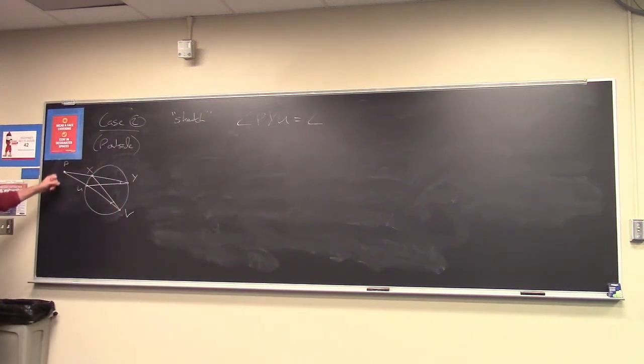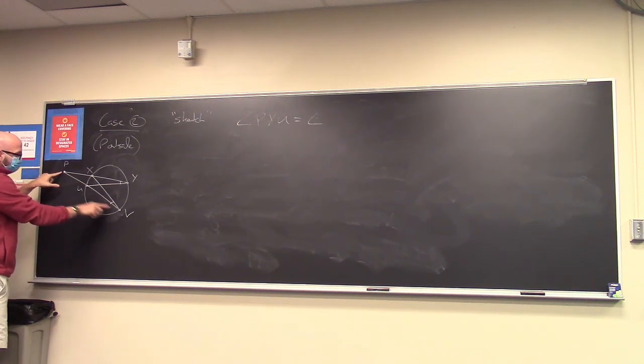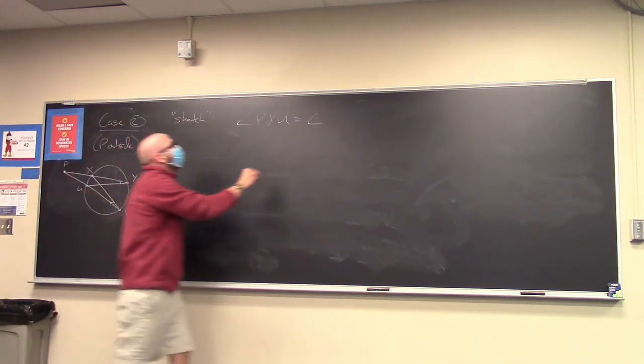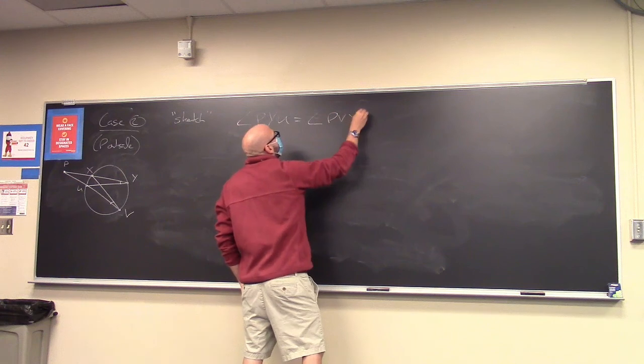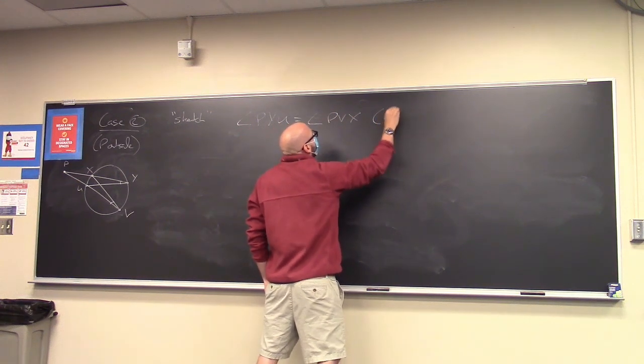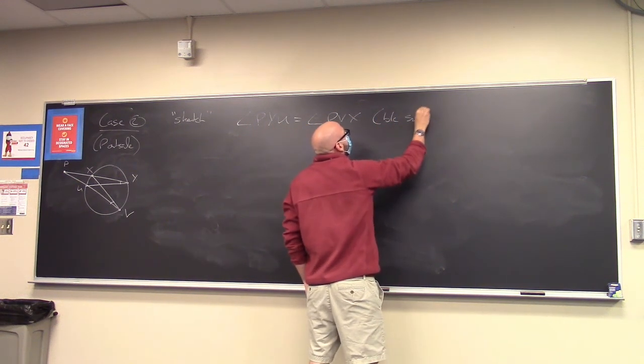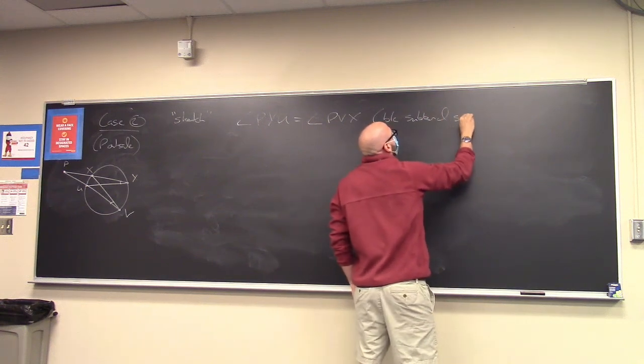I feel a little bit weird about choosing P instead of X because P lives outside the circle, but of course it's the same angle, so we'll call it PYU. That's the same as PVX, because they subtend the same arc.